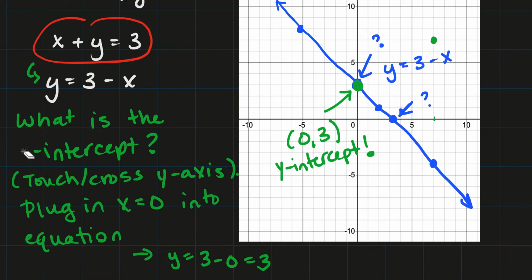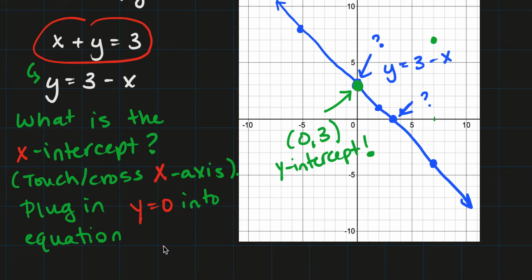Let's change this to what is the x-intercept. Well, that's when we touch or cross the x-axis. So what do you think we need to do to figure out the x-intercept? Well, if we touch the x-axis, that means y is forced to be 0. So that's where y is equal to 0.